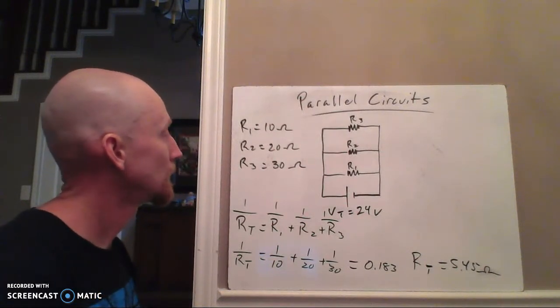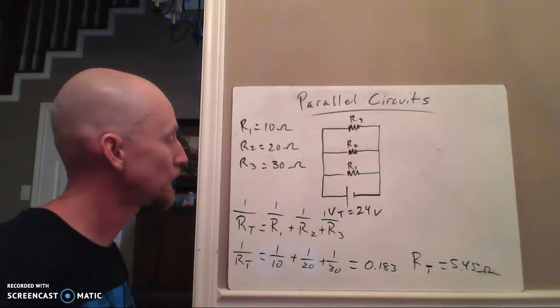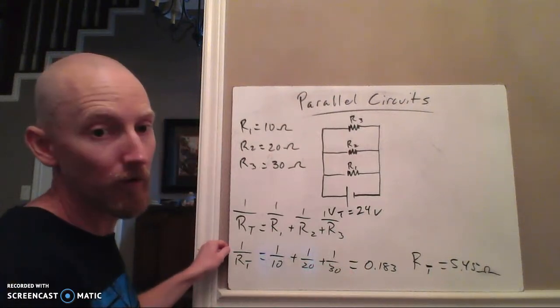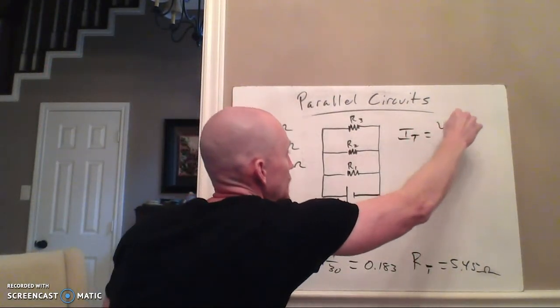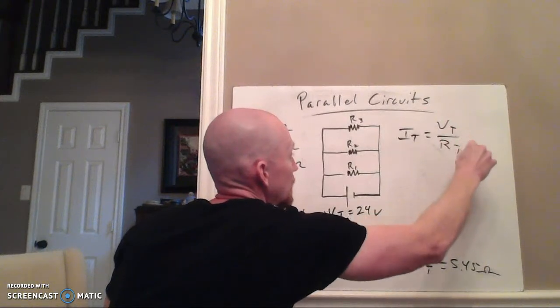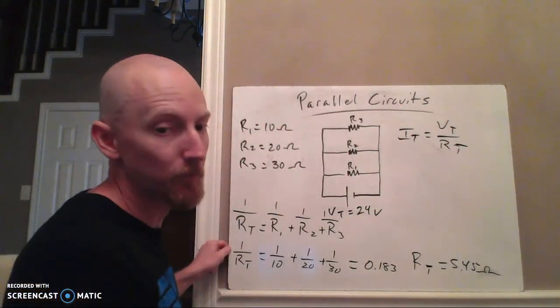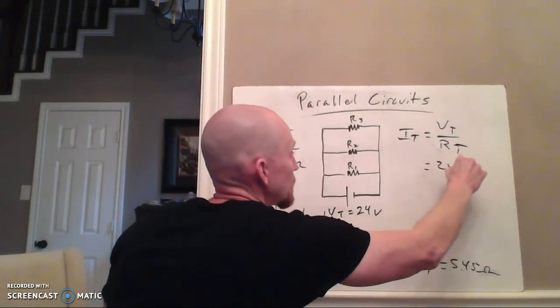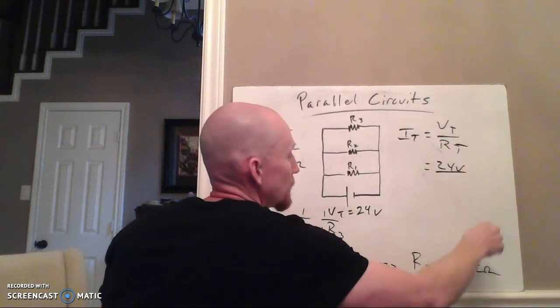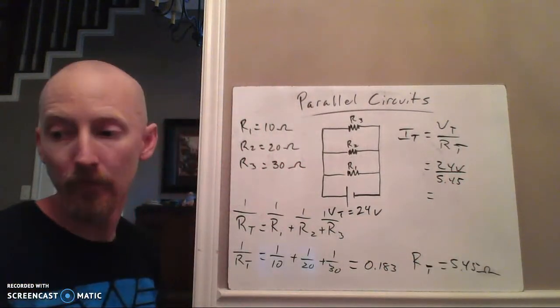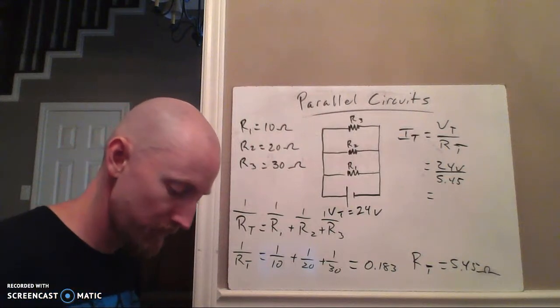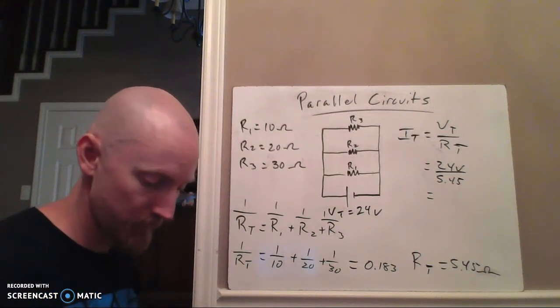The next thing to do is we can find our total current by using Ohm's law. So we take our total voltage, which is 24 volts, and divide by our total resistance, which is 5.45. So 24 divided by that.